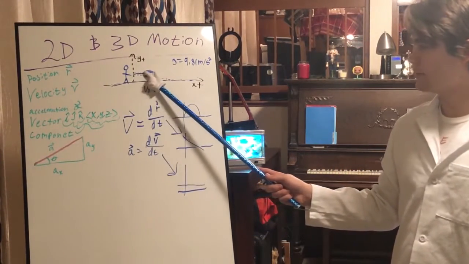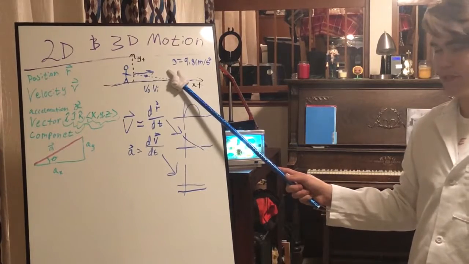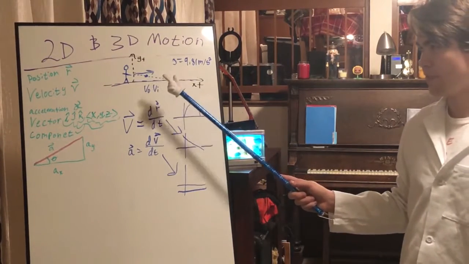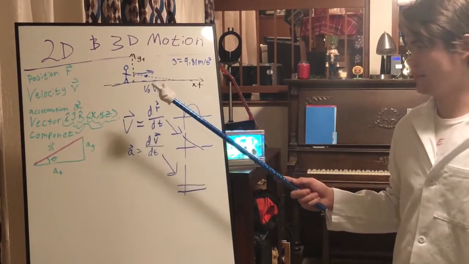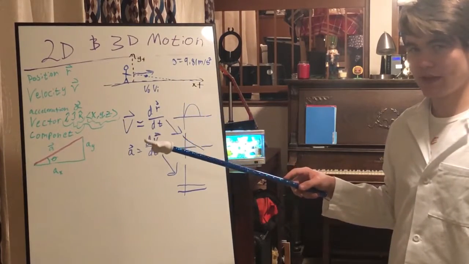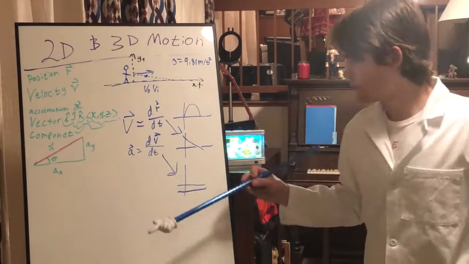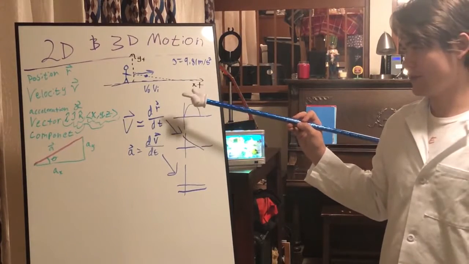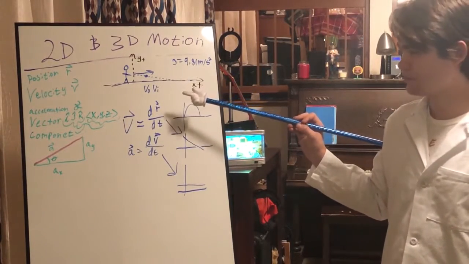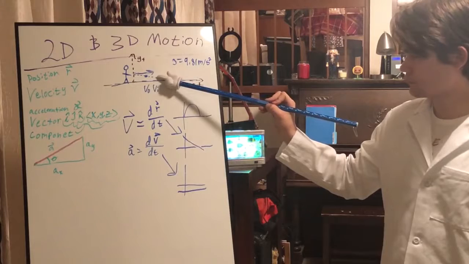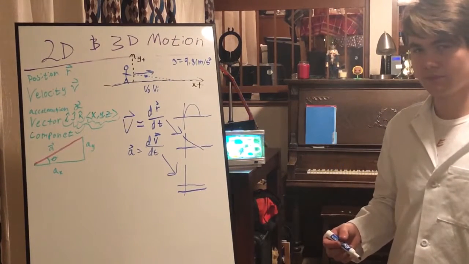As the ball moves in the x direction, it keeps a constant velocity in the x direction because there are no forces in the x direction acting on it. However, there is acceleration due to gravity, since this is on Earth, hopefully. Near the surface of the Earth it is 9.81 meters per second squared, and the ball is pulled down toward the surface of the Earth.